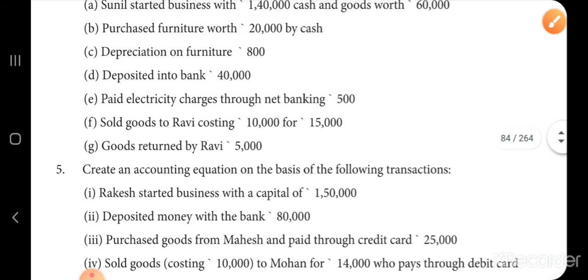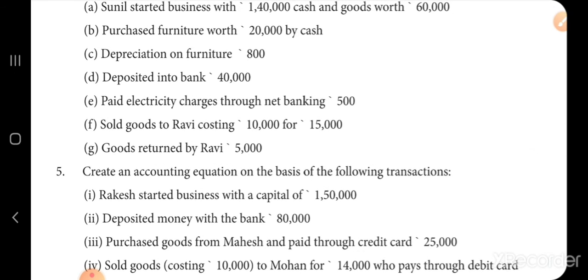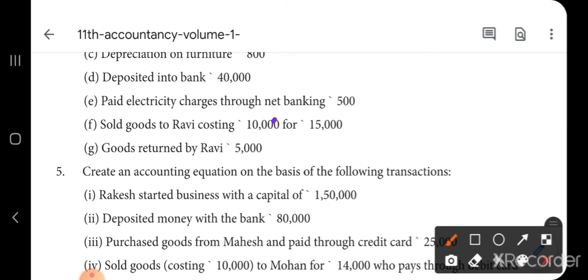Next one is paid electricity charges through net banking. Net banking means through bank. When you pay the electricity charges, your bank balance gets reduced by 500 and electricity charges is an expense. So any expense, the capital will be reduced by 500.